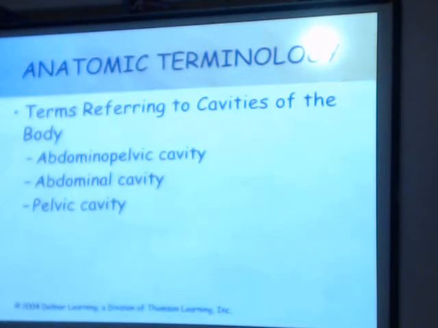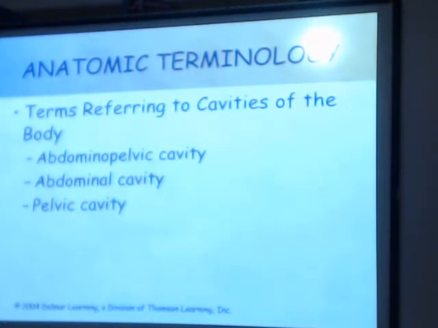Inside your abdominal cavity, you're going to have your stomach, your intestines, your liver, your spleen, your gallbladder, and your pancreas. Those would be in your abdominal cavity. And in your pelvic cavity, you have your reproductive organs and your kidneys. Your urethra, your bladder. Those are going to be in your pelvic cavity.